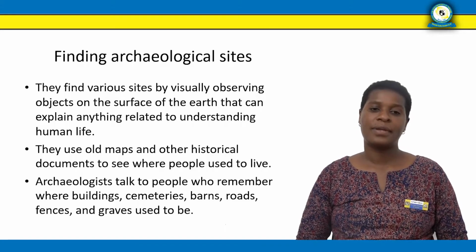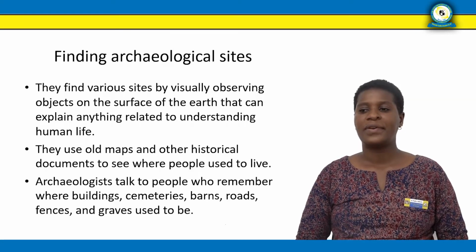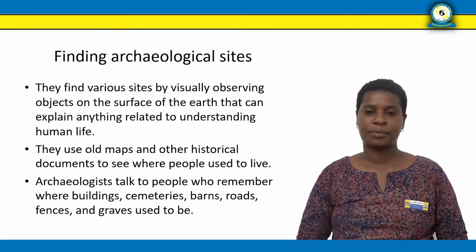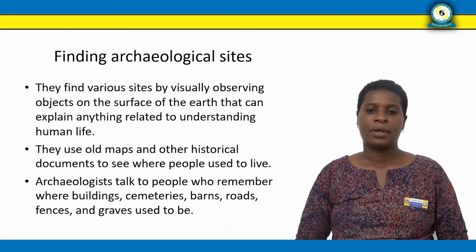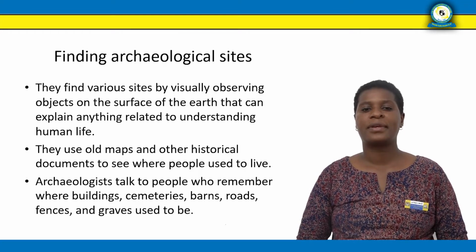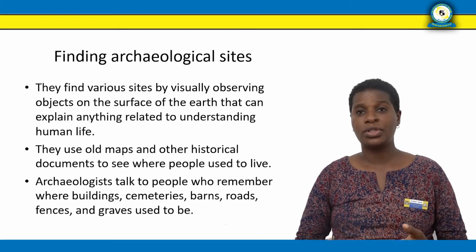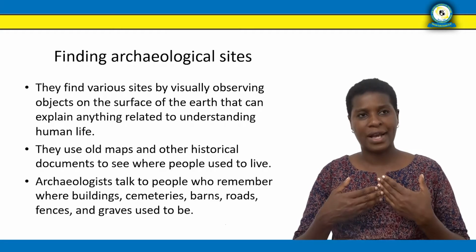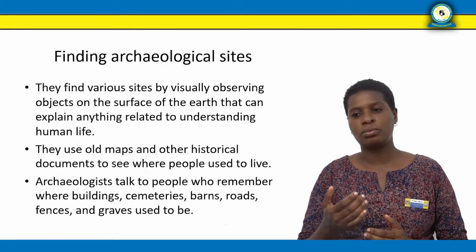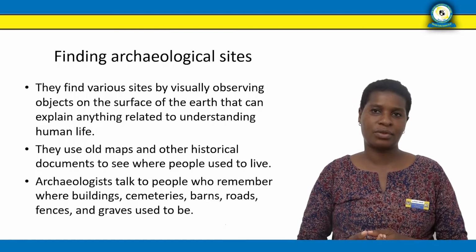So that's the first way of discovering a site, knowing that here there is something of archaeological importance. So we observe the objects on the surface of the earth which are of archaeological significance, or which have something to explain related to the understanding of past human lives or past human history.